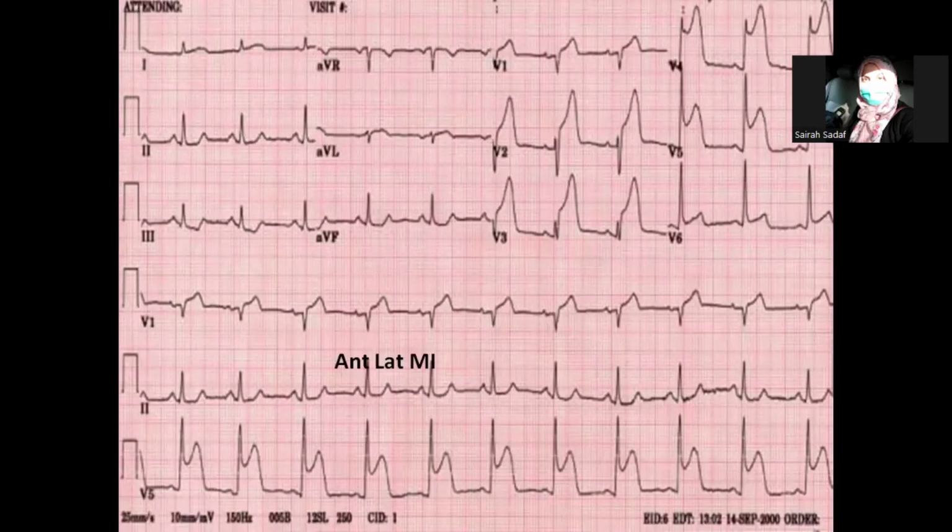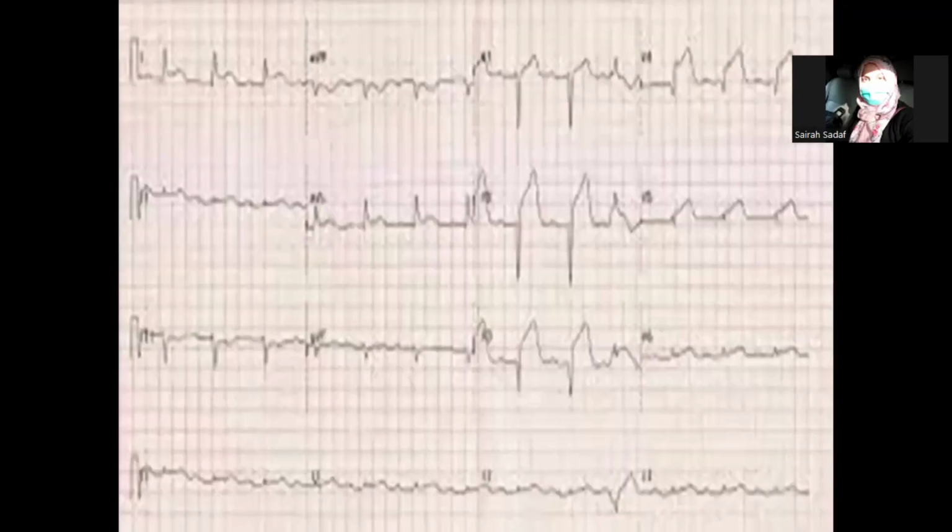We will just say as a whole the anterior wall MI. And now there is lateral wall as well, so we will say anterolateral. We will not say anterior, septal, and lateral. This is anterolateral again, because of the lateral wall, lead 1 and AVL, and the V1 to V4 anterior wall.